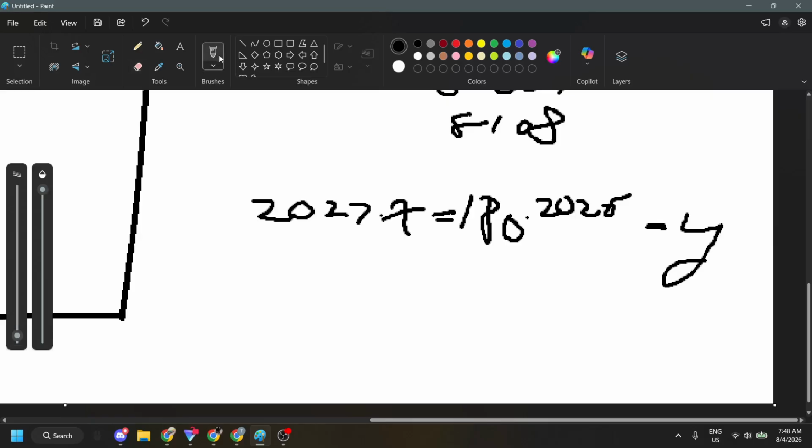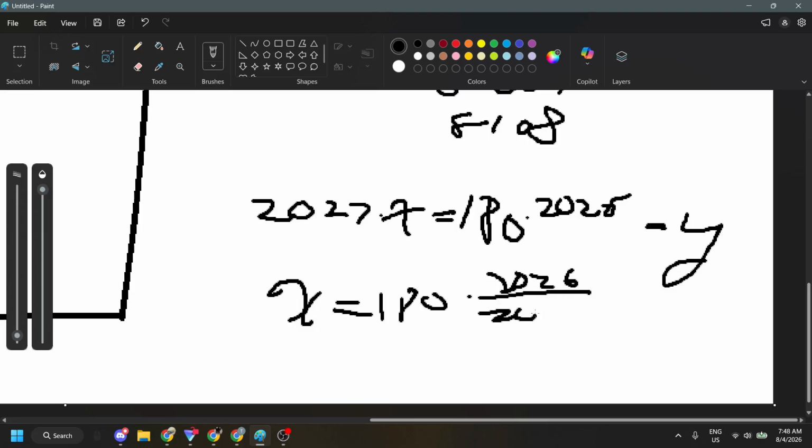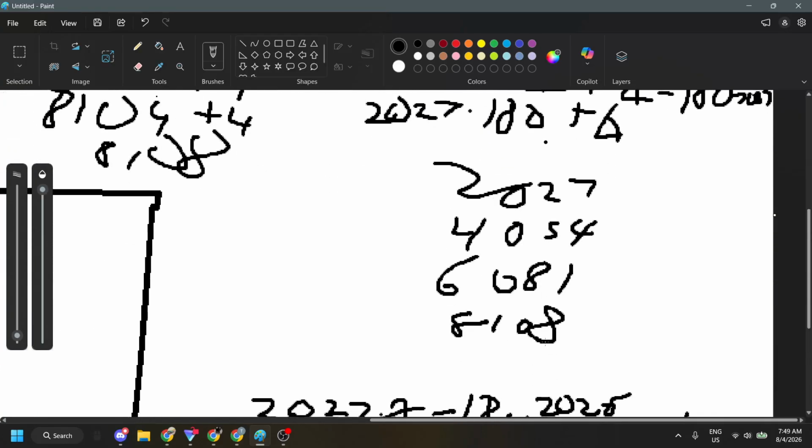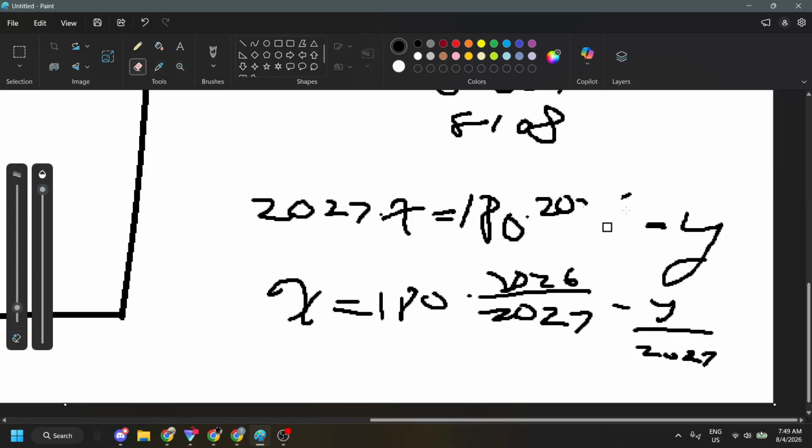There we go. So then x now is equal to 180 times 2026 over 2027 minus y over 2027. And this is 2025.